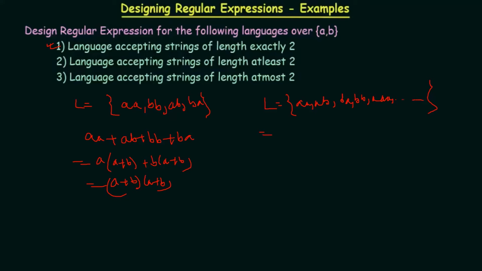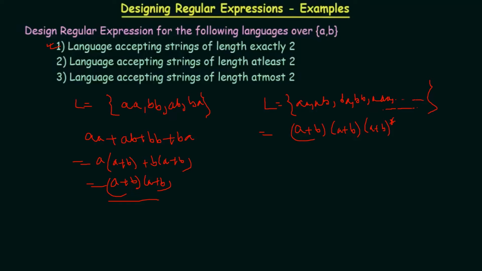In that case, obviously these two are going to be there, A plus B and A plus B, and then I can put A plus B star, because whatever follows is actually the closure of this A plus B.